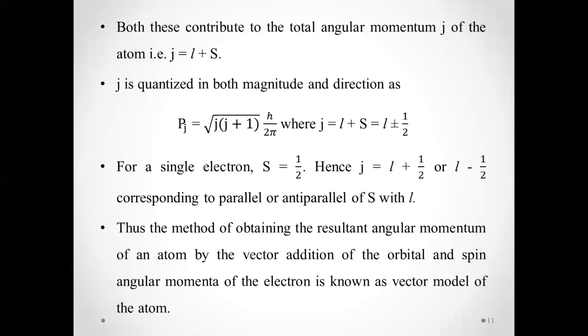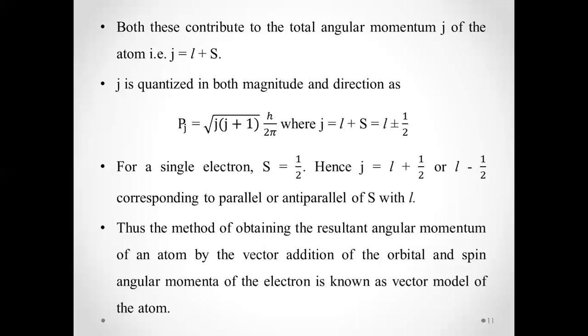For a single electron, s is equal to half. The orientation of the spin can be in any one of the directions. Hence, j is equal to l plus half, or l minus half, corresponding to parallel or anti-parallel of s with l.